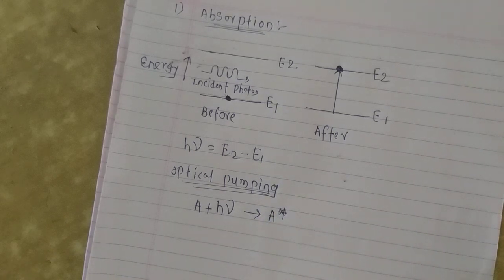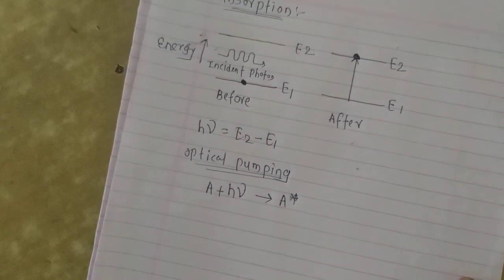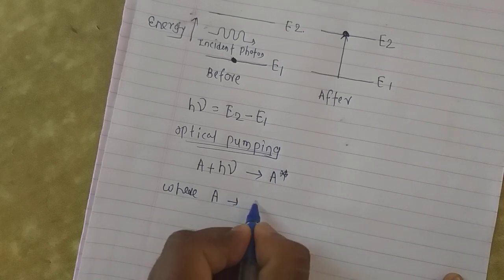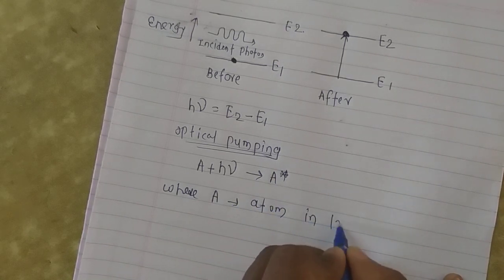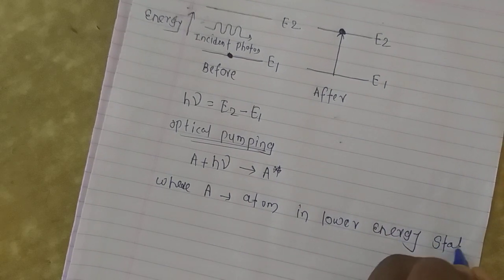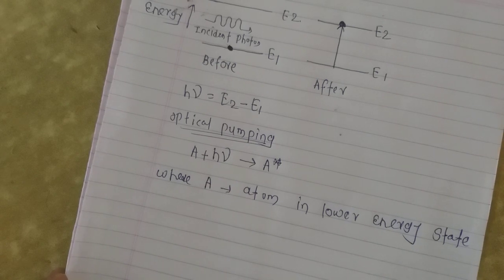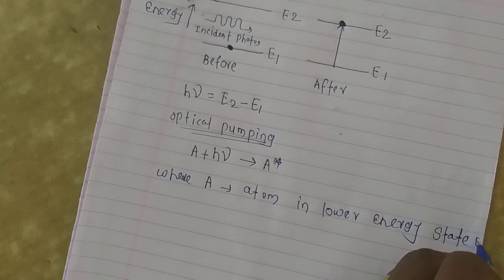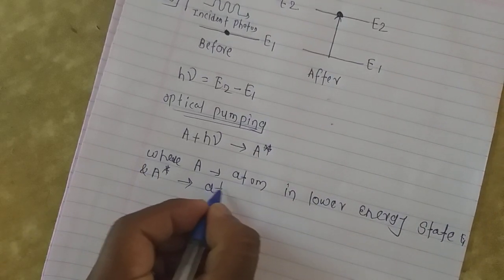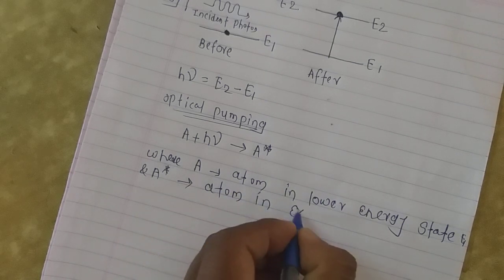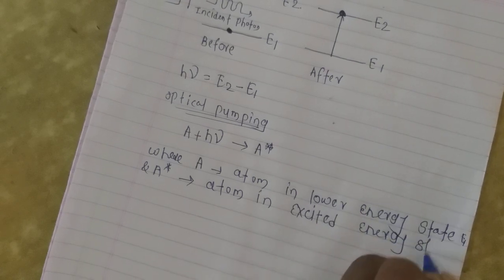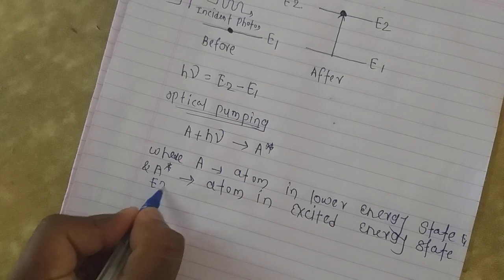where A is the atom in the lower energy state E1, and A star is the atom in the excited energy state E2.